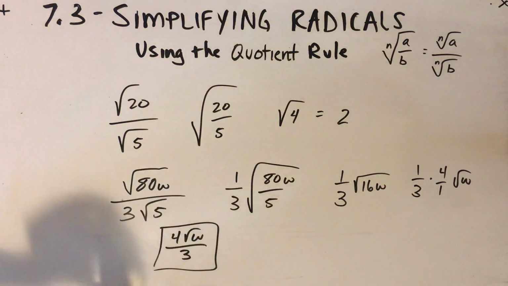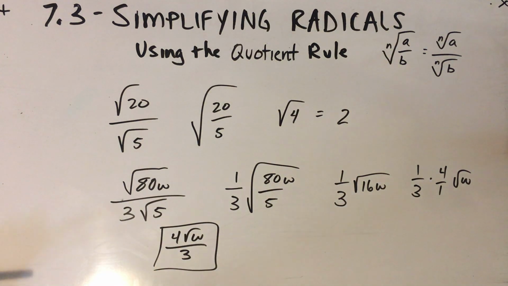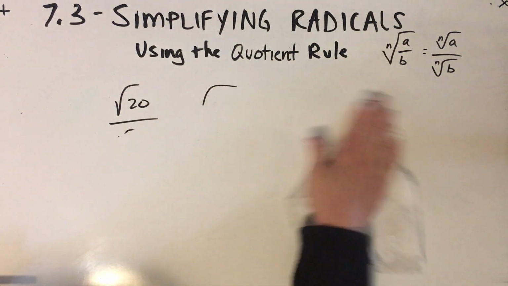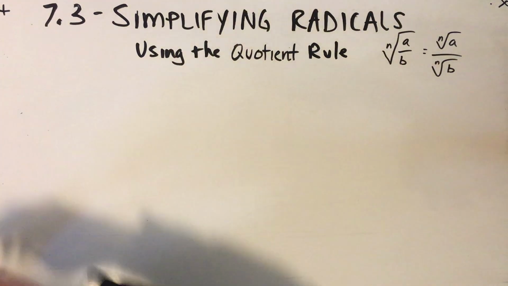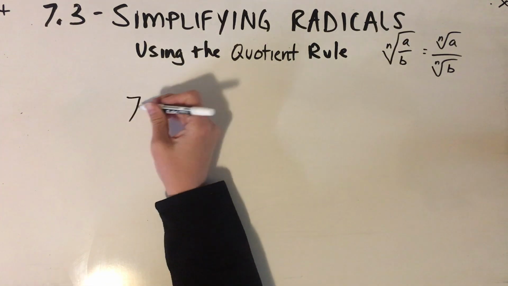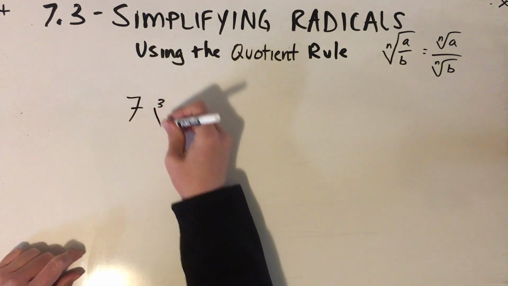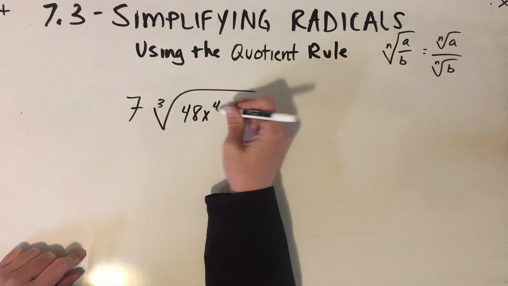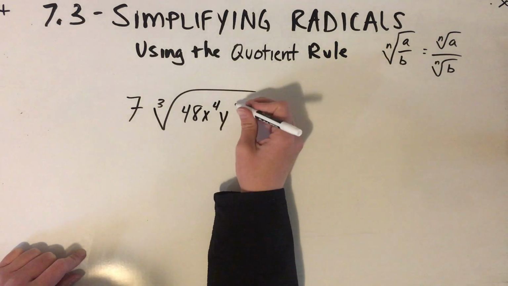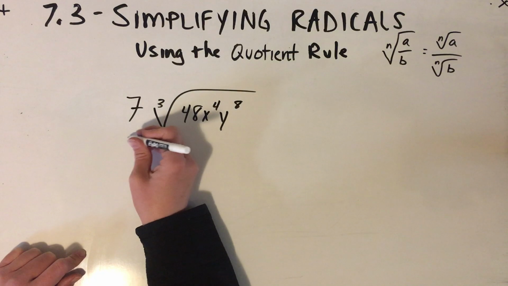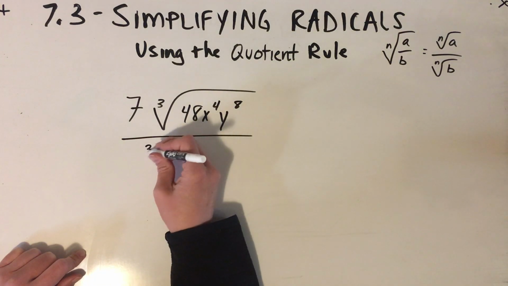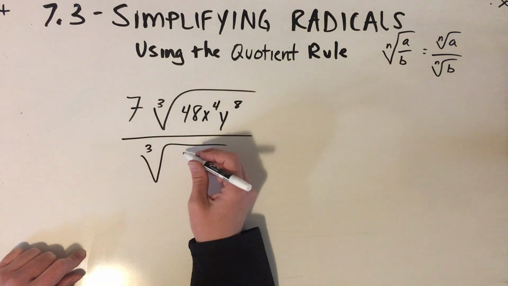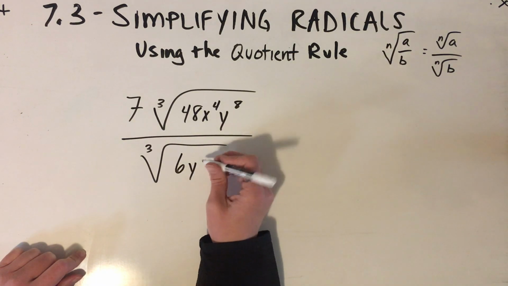Okay, let's do one that's a little bit more difficult. So this will be the last one that we're going to do. Suppose we have 7 times the cubed root of 48x to the 4th, y to the 8th, all over the cubed root of 6y squared.